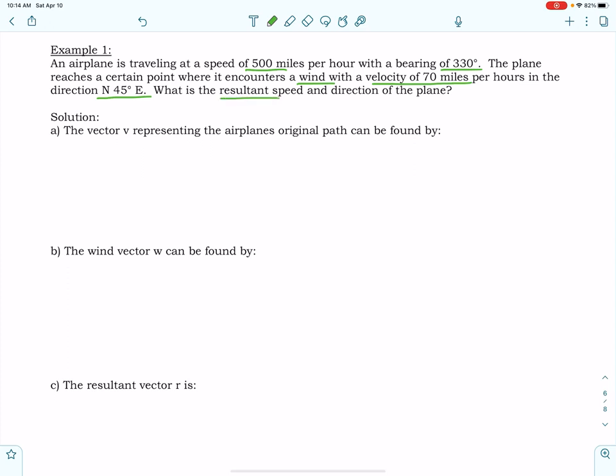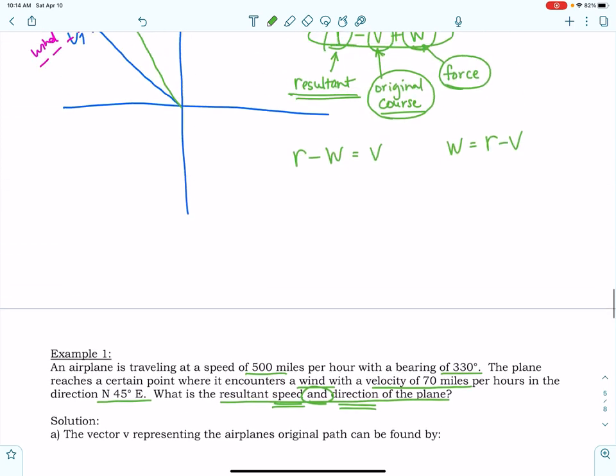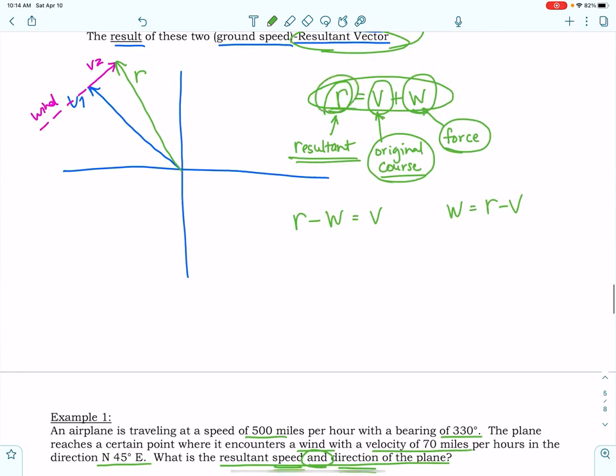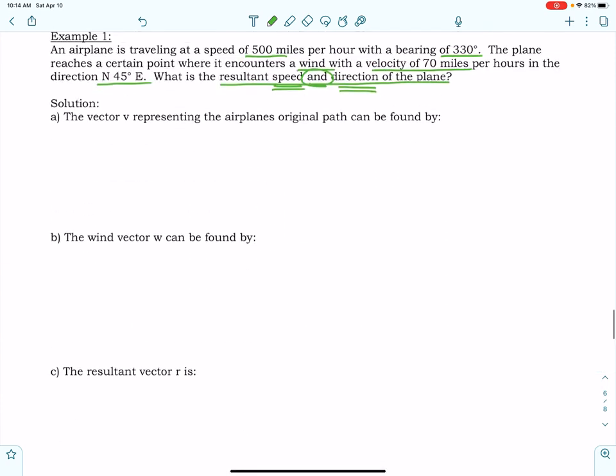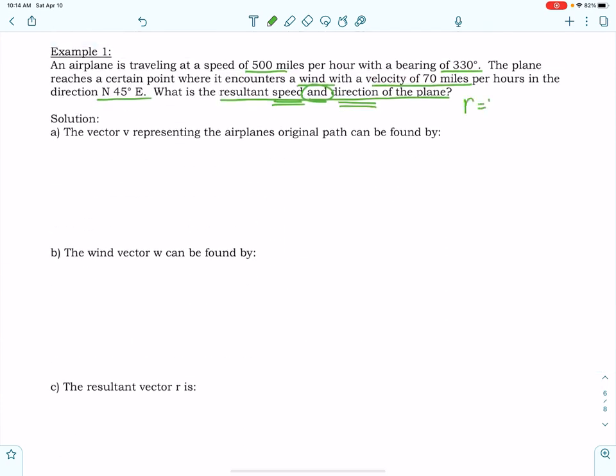So the resultant speed and direction, we have to find speed and the direction of the airplane. So essentially what we're doing is, in our equation right up here, we are looking for R. So we're going to set this up so that we find the original course. We use the original course and the wind.